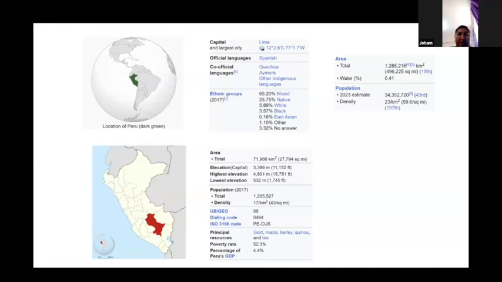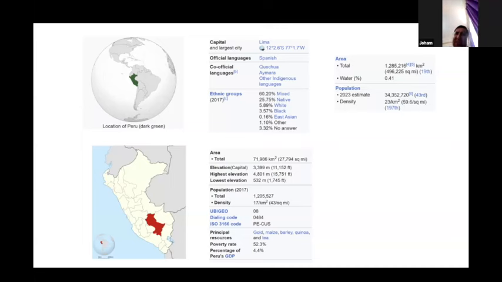This is Peru, my country in South America. The population this year is around 33 million people. In the south of Peru is Cusco, my home city, which has around 1.5 million people this year. We have just two neurosurgical centers here.